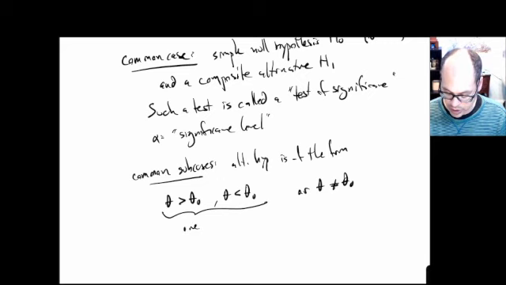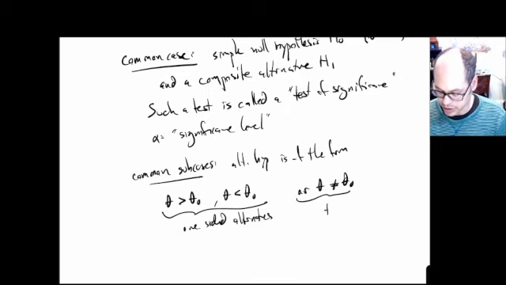The first two would be called one-sided alternatives, whereas the last would be called a two-sided alternative.